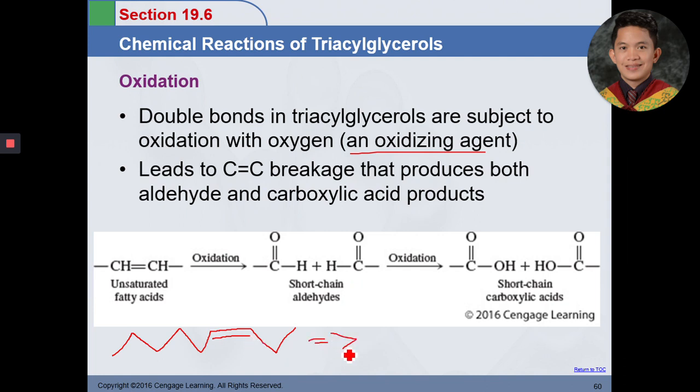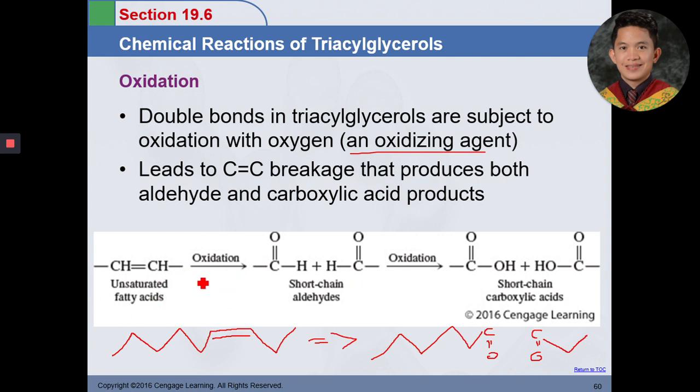As you can see, the bond between them is totally cleaved, and this would now produce both aldehyde and carboxylic acid products. So in this illustration, we can see that through oxidation, the double bond is broken down. Further oxidation of this would result in the short chain aldehydes and short chain carboxylic acids.